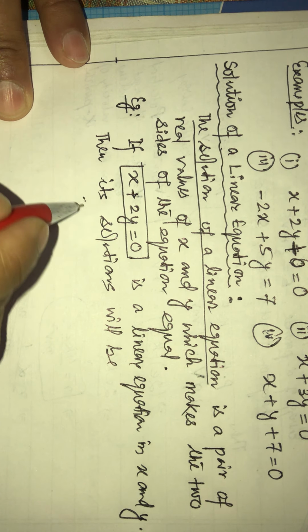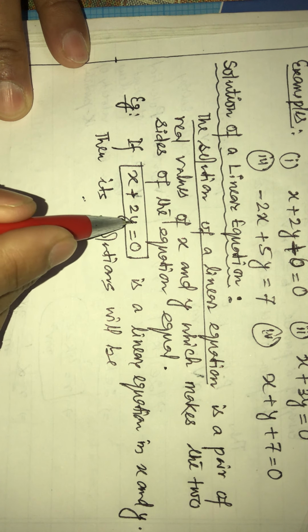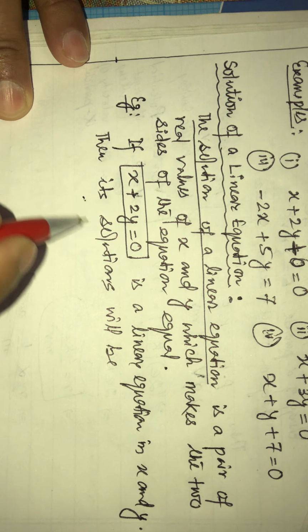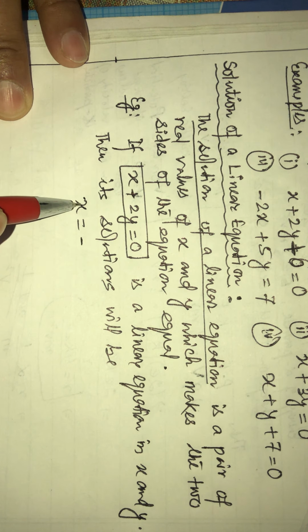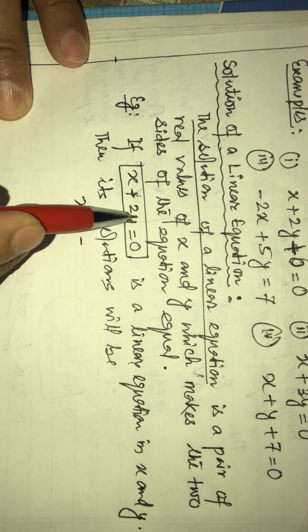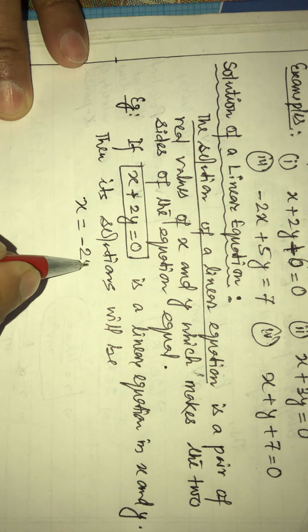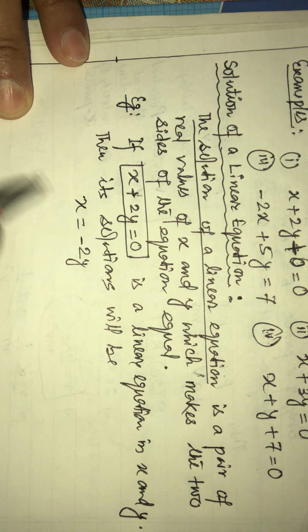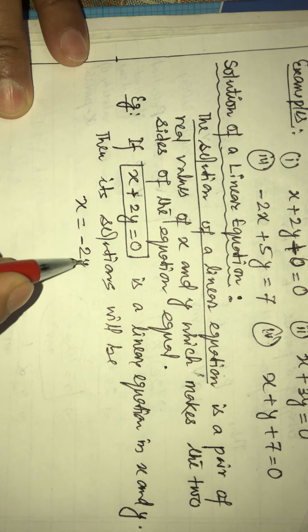We can write this as x equal to minus 2y. I kept x here, and shifted the 2y towards the right, so minus 2y; the 0 we don't need to write. Now this will give me the values of x.